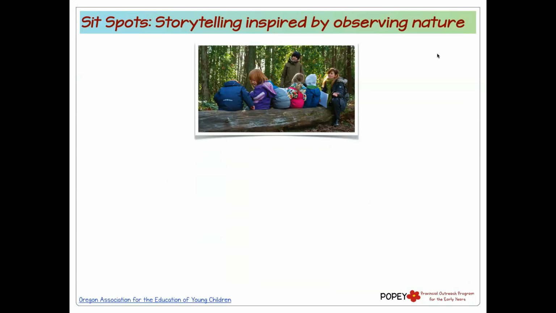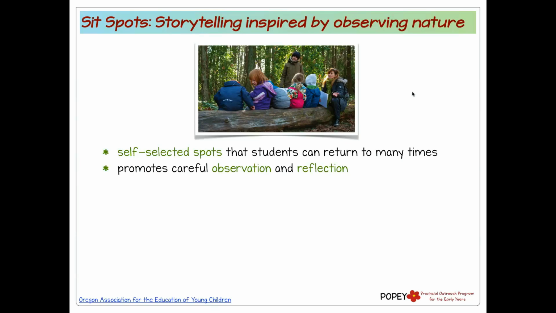Another way that we can be very intentional with observing nature around us and noticing what we can learn from it is using sit spots. This is becoming more and more popular in our BC schools, to have a spot that's self-selected by our students that they can return to many, many times.